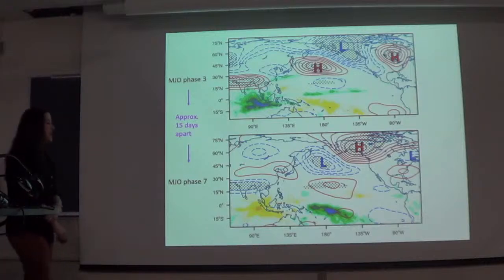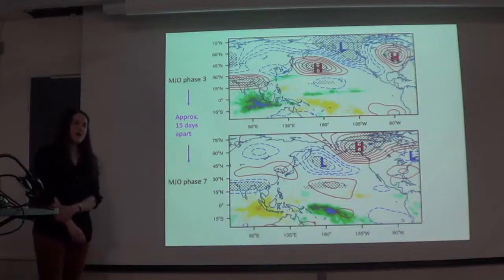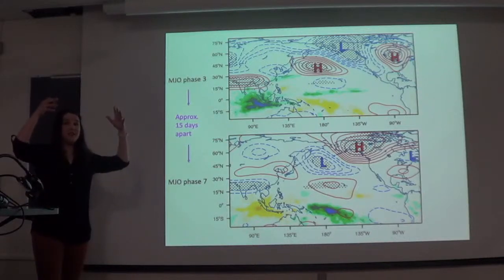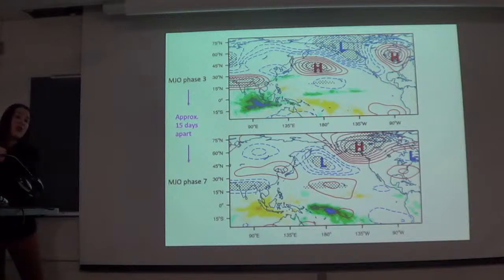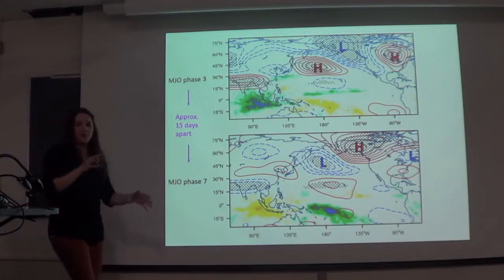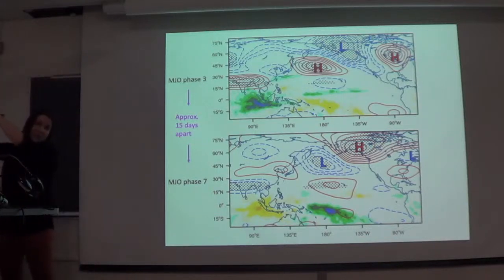So it's tricky because MJO is really noisy. You don't typically get a case where an MJO strengthens during phase 1 and then persists and stays strong all the way through MJO phase 8. Typically, it's more like, okay, it'll be really weak, and then suddenly phase 4, and then by phase 7, it'll weaken.